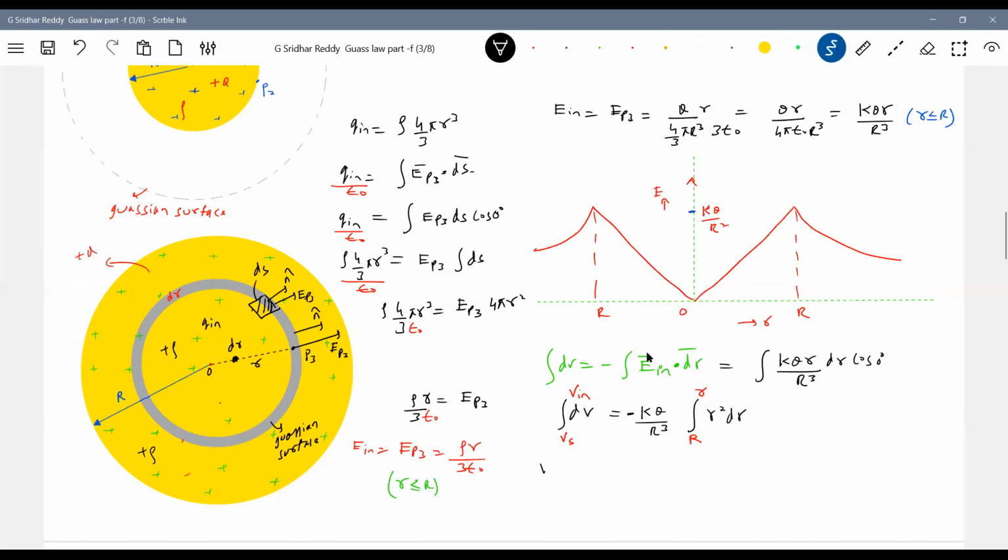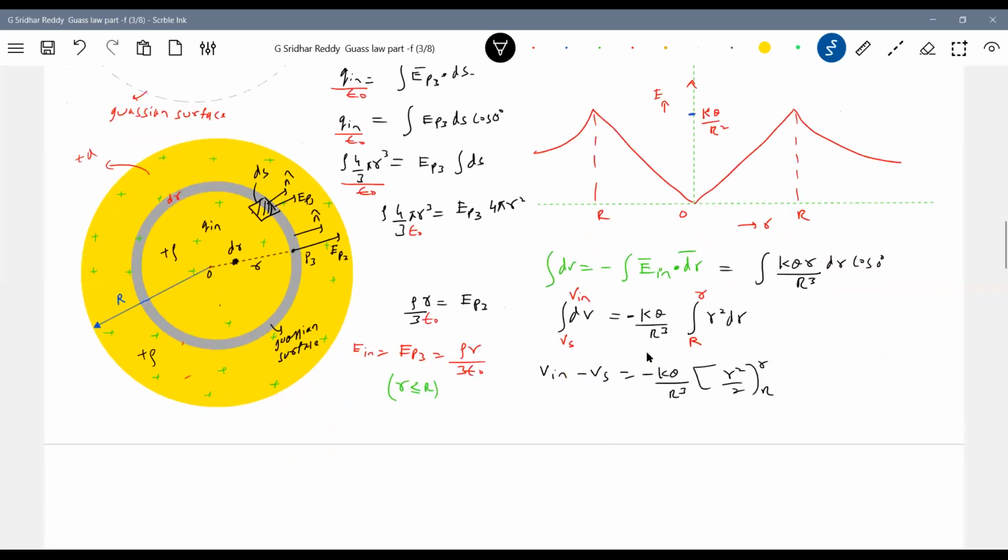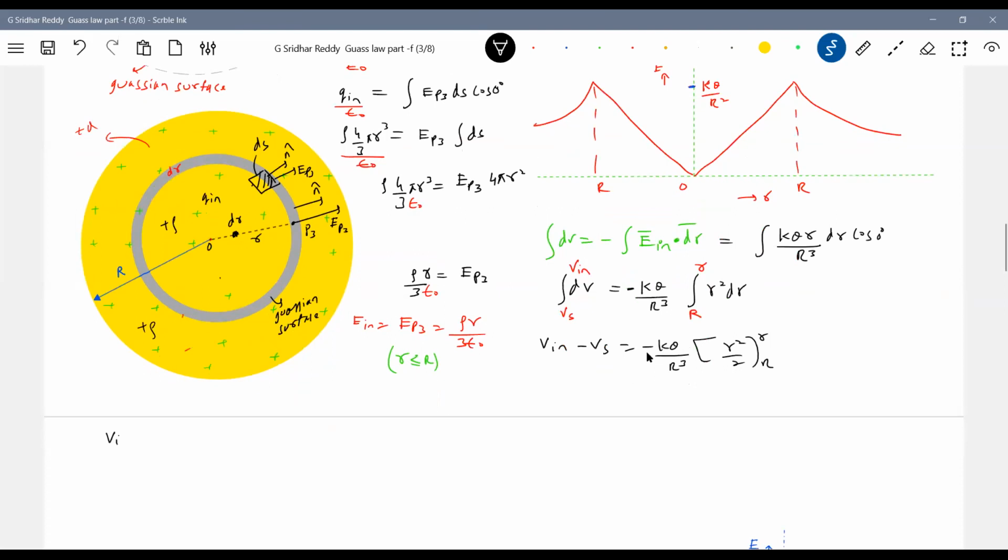Okay, further solving this, V in minus Vs equals minus KQ by R cube, r square minus capital R square, integration of r square dr gives r cube by 3.